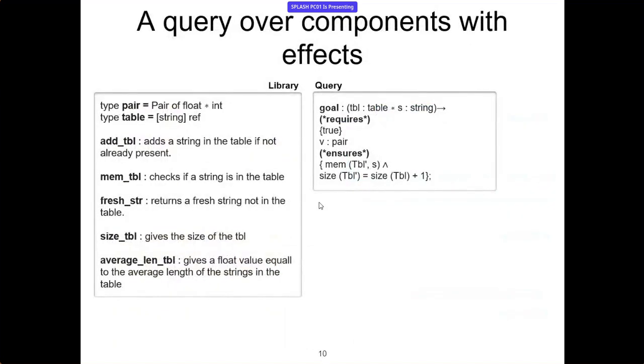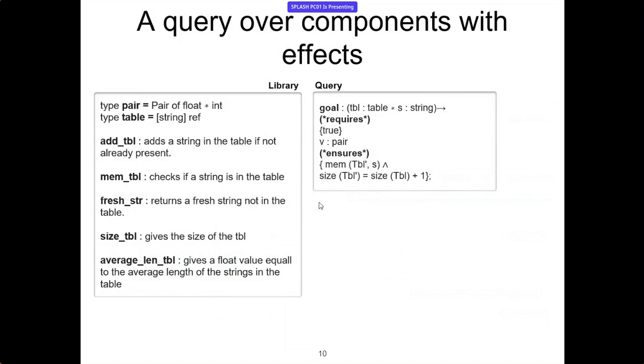So let us now take this example further and try to see a query for a component with effects. On the left-hand side, I have given a library, or a table data type. The table data type is basically a mutable list of strings. There are a set of functions which are defined over this data type, and for each of the functions, I have given the English language specifications.